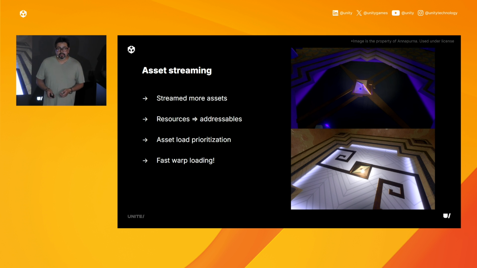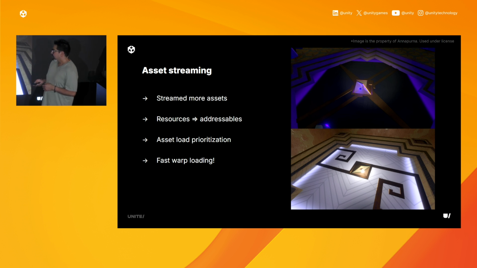We also moved anything we found in the resources folder over to an addressables bundle, which allowed us to better control what was in memory from resources. Again, lowering our base level memory usage. And the last bit we did for asset streaming was implement a concept of asset load prioritization for our asset streaming system.